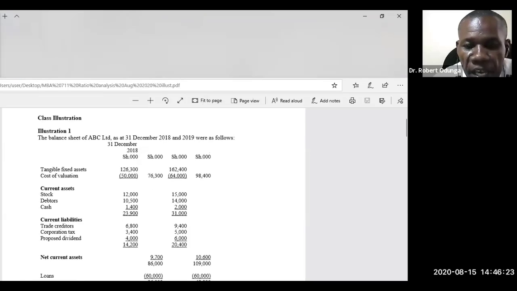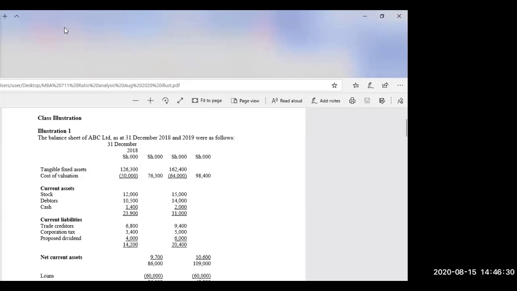Then we have to understand, first of all, the formula.